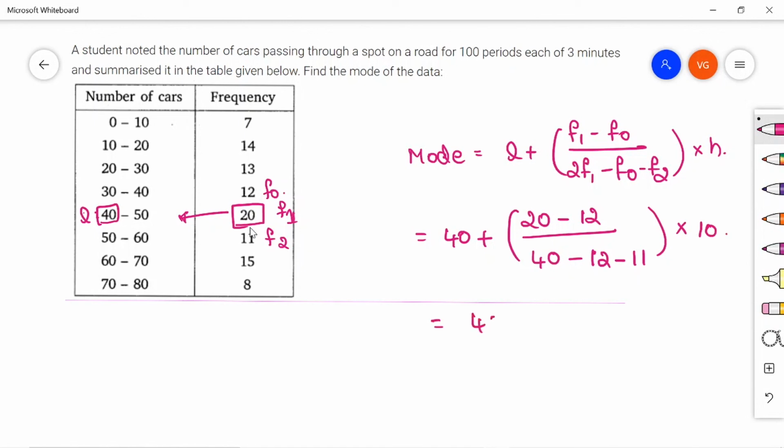So 40 plus this is 8 into 10, 80 divided by 40 minus 23 here. So that is 17. So you'll get 40 plus 4.7, 44.7. Therefore, the mode of the given data is 44.7 cars.